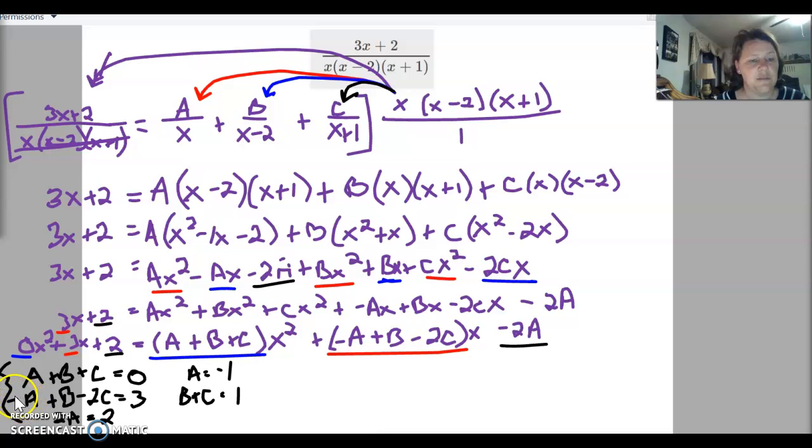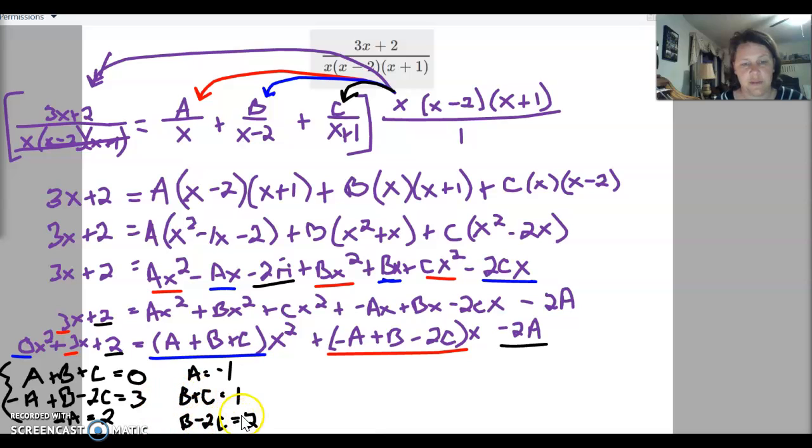If a negative 1 becomes positive 1, subtract it from both sides, we'll get 2 on the right-hand side. So b minus 2c equals 2. I'm just double checking on my work. Okay, we're good.